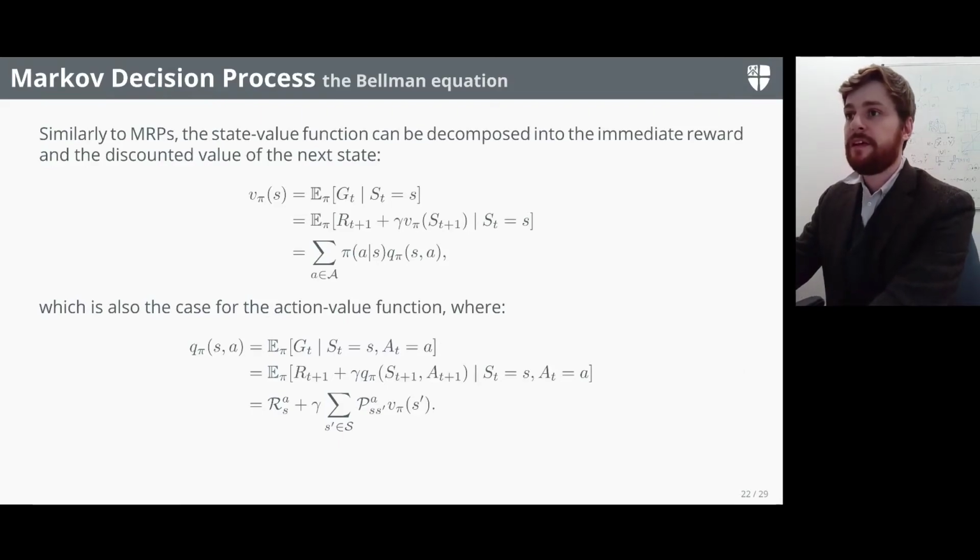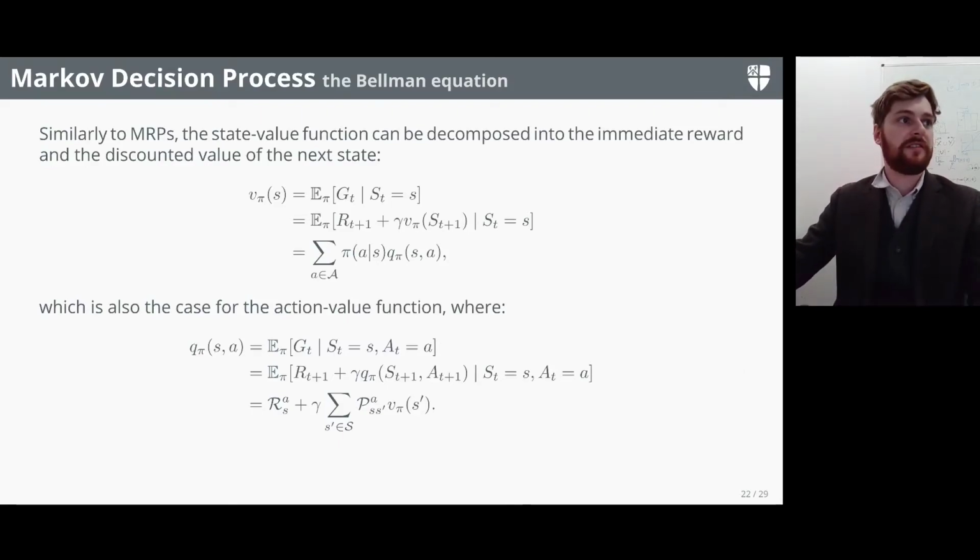And similar to Markov reward processes, the state value function can be decomposed into the immediate reward and the discounted value of the next state. So we can apply our Bellman equations to this. Just reading the slide, we can say the value function is the expected return, and then we can go through all of those identities as we saw and break it down into the immediate reward plus the discounted value of the next state under that policy.